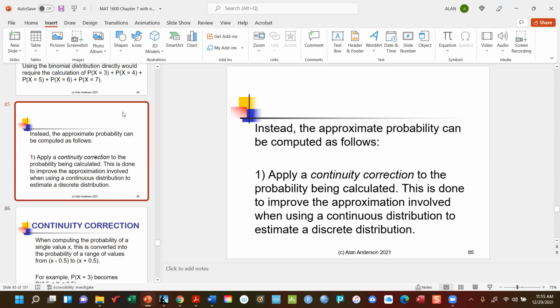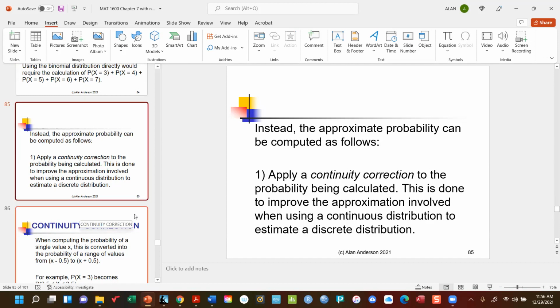And what we're essentially doing is adjusting the probability that we are calculating. So what exactly does that mean? Well, in this case, we're looking for the probability that the number of students with type AB positive blood is between 3 and 7.